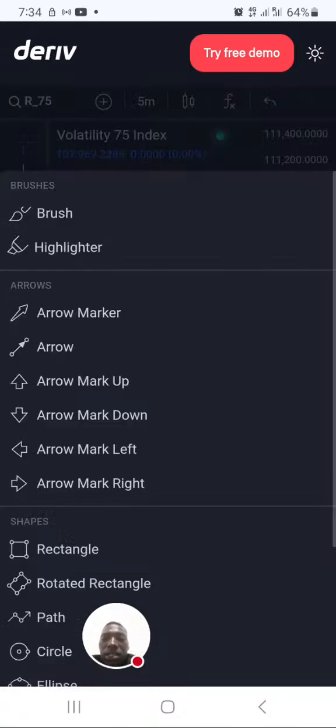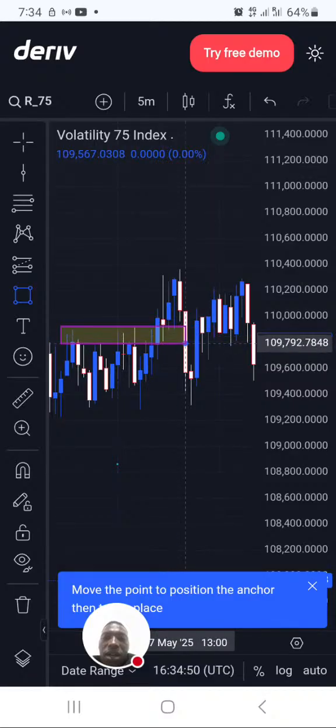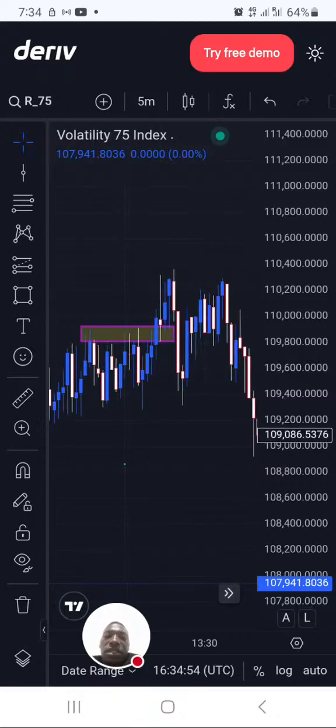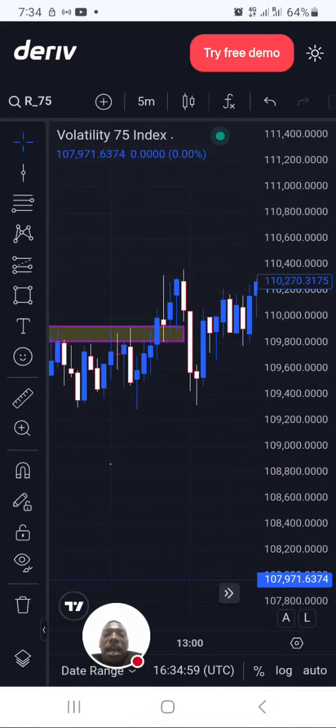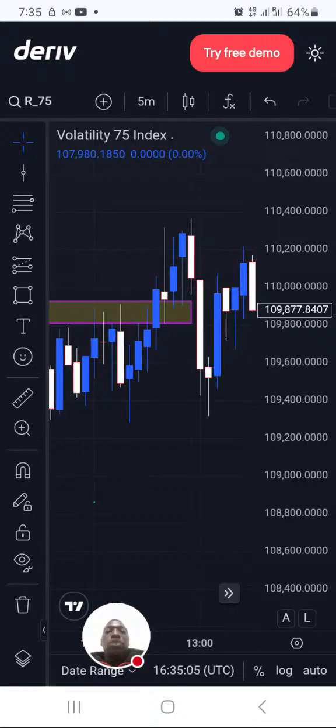You see, we had a structure here which was our support. The market broke it. After breaking that support, we came and retested. After retesting that support, we moved up.